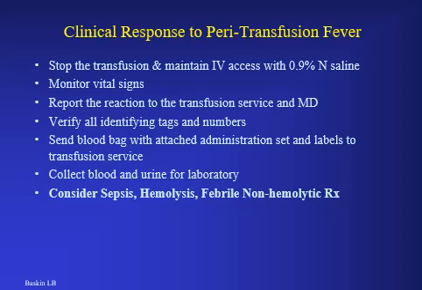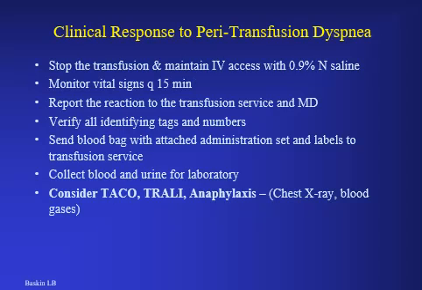Similarly, dyspnea suggests circulatory overload, TRALI, and anaphylaxis. Of course, the weight of the latter two is greater than that of TACO, but as we saw before, TACO causes a number of deaths in itself.